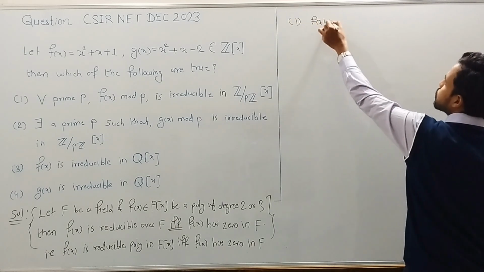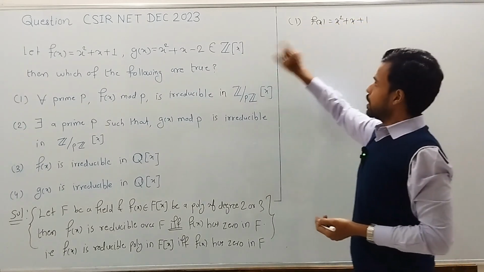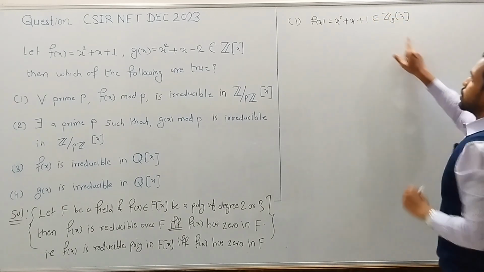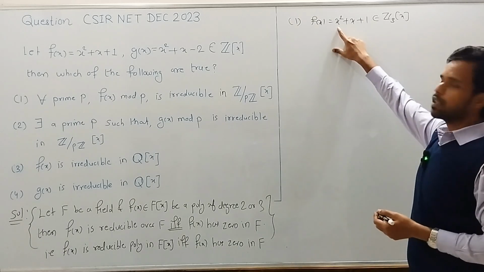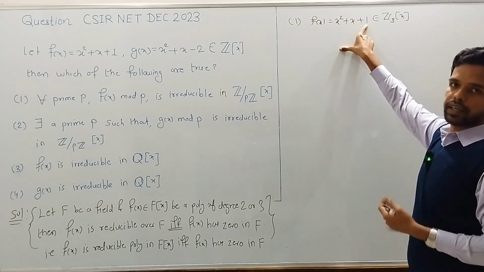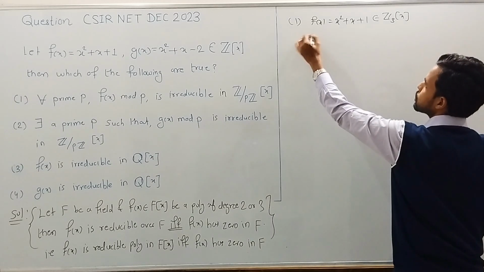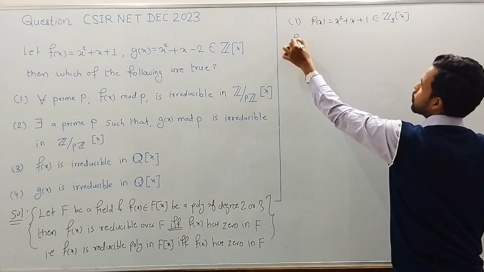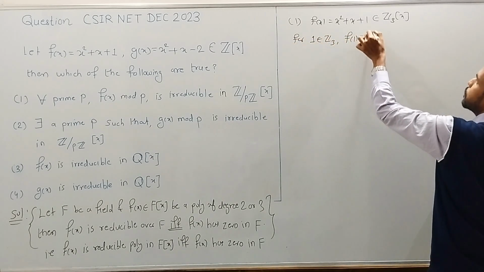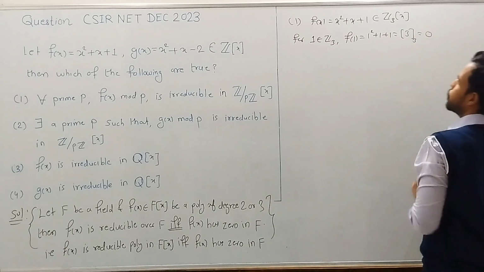f(x) equals x² + x + 1. Clearly f(x) modulo 3 belongs to Z3[x], because when the coefficients are reduced modulo 3, they remain the same: 1 modulo 3 is 1, again 1, again 1. So f(x) belongs to Z3[x], and for 1 belonging to Z3, f(1) equals 1² + 1 + 1, which equals 3 modulo 3, which equals 0.